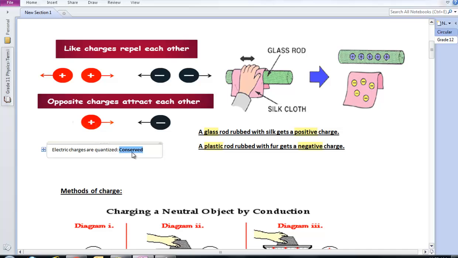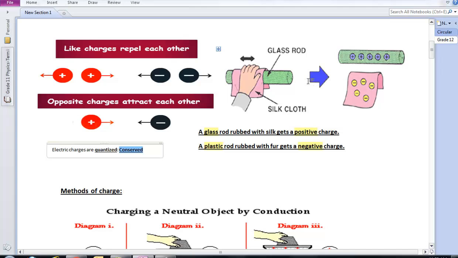For example, if you are rubbing a comb or a plastic ruler against your hair, and you have taken 5 negative charges on the ruler, this means that there are 5 positive charges on your head. So this is the meaning of quantized or conserved. The number of given charges should be equal to the number of the left charges.